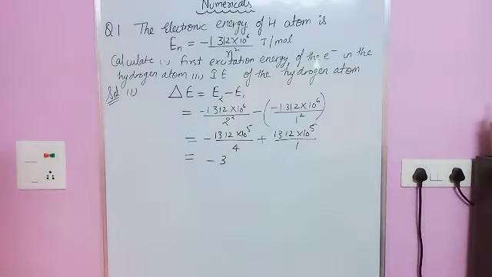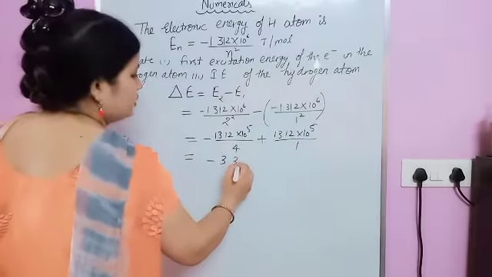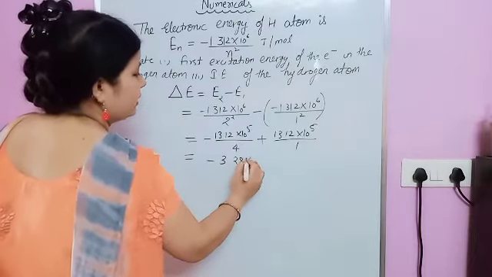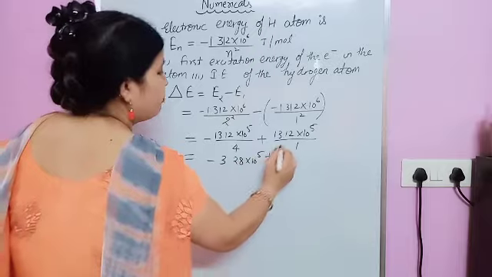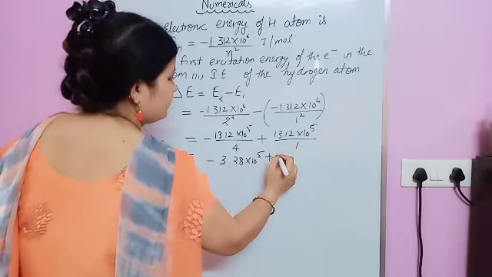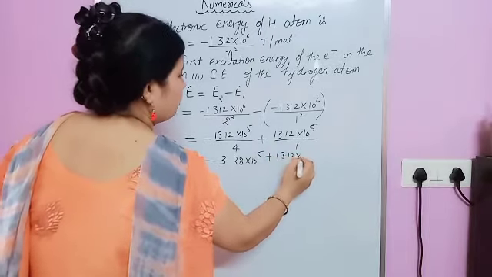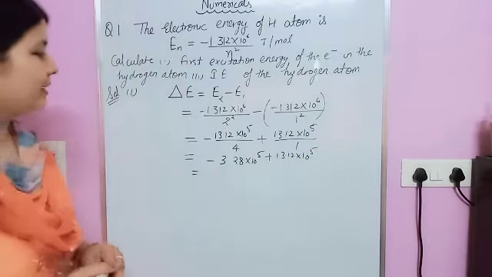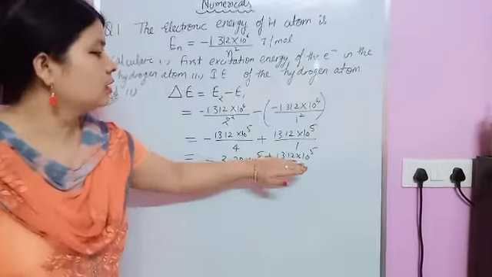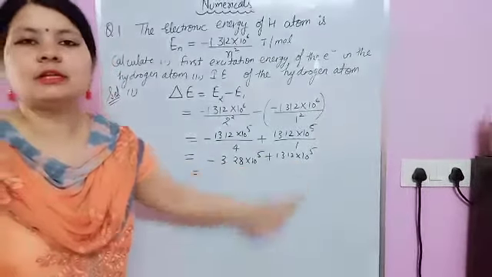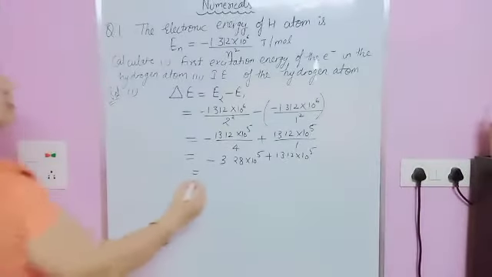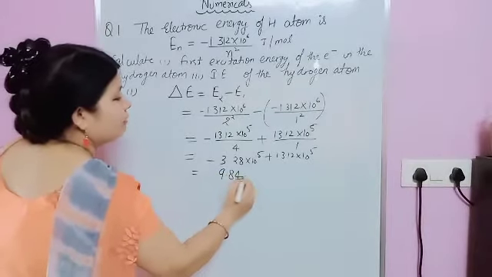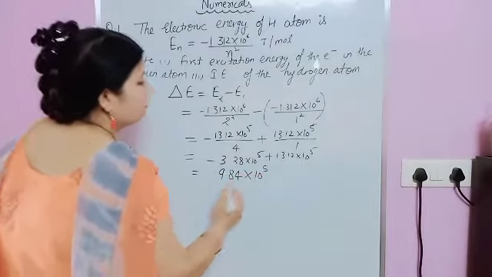Your answer is 3.28 into 10 raised to power 5, plus 13.12 into 10 raised to power 5. Now simply add these. Since 13 is the greater number, subtract, and your answer is 9.84 into 10 raised to power 5.